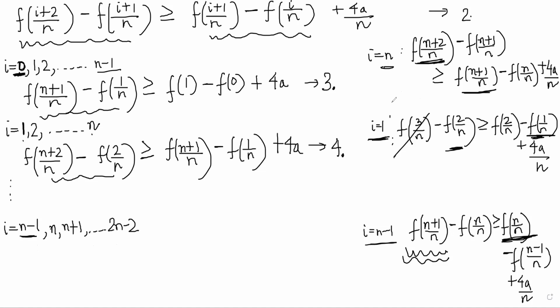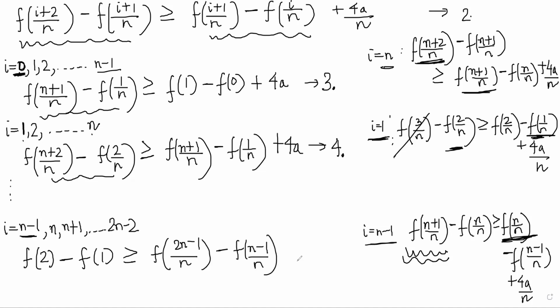You do the same process, and the sum that you will get is f of 2 minus f of 1 is greater than or equal to f of (2n-1)/n minus f of (n-1)/n plus 4a. Basically, this will be your n plus 2 result.